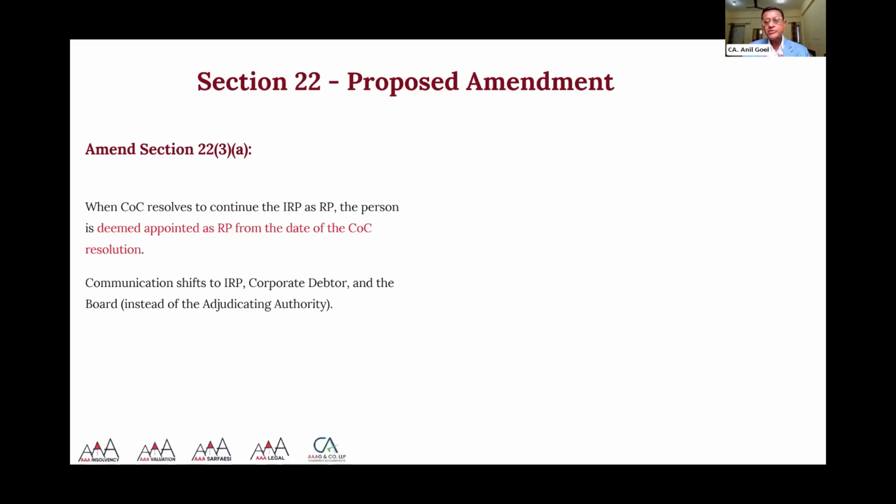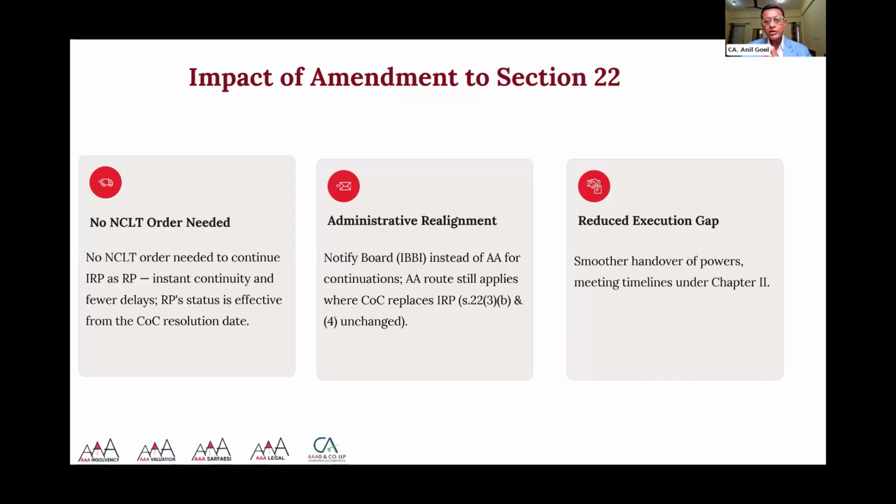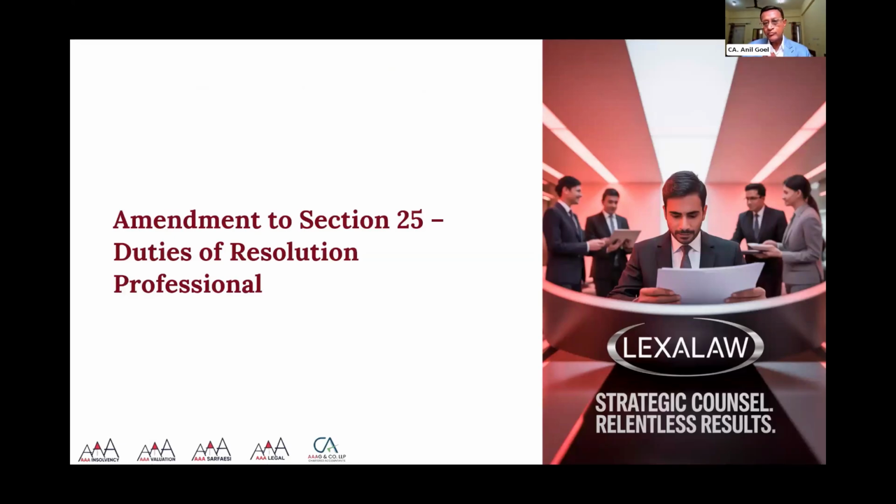No NCLT order is required now, and even the administrative realignment is only supposed to be notified to the IBBI instead of the adjudicating authority, and also the gap is reduced. A smoother handover of powers and meeting timelines has been proposed. But in case of change, definitely it will go to the adjudicating authority.